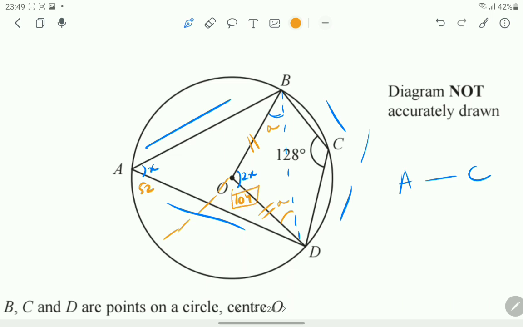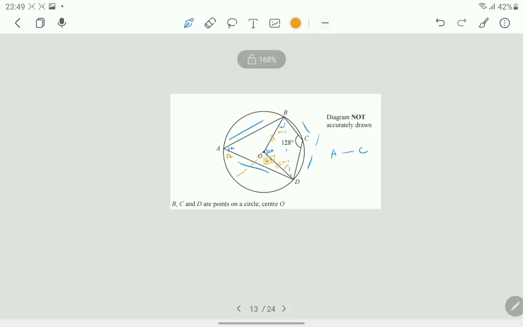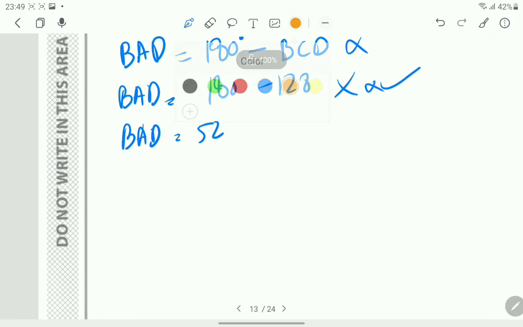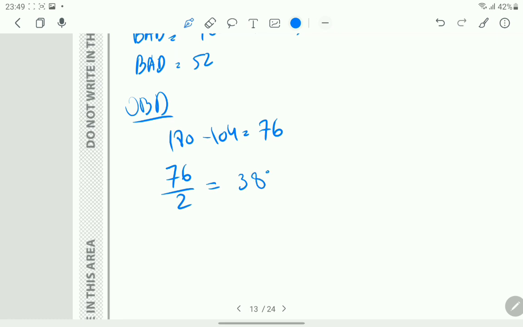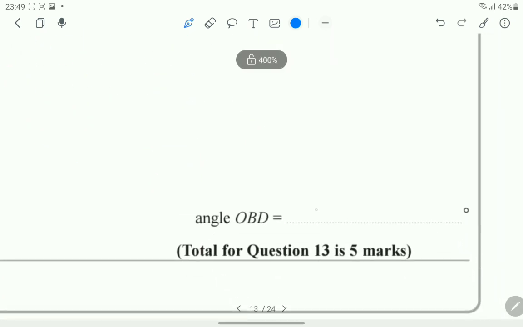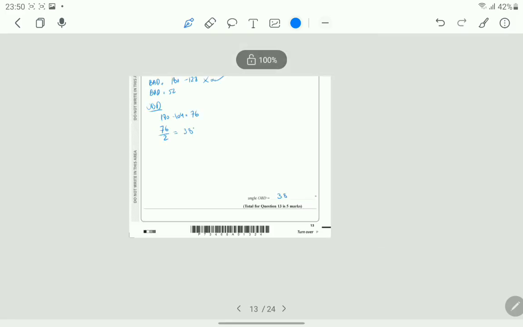So out of 180 degrees, these two will be equally distributed. So if we want to find out angle OBD, we know now that 180 degrees minus 104 is what is left, and since 76 would be divided equally between the two angles, the angle OBD is 38 degrees. Write your final answer and move on.